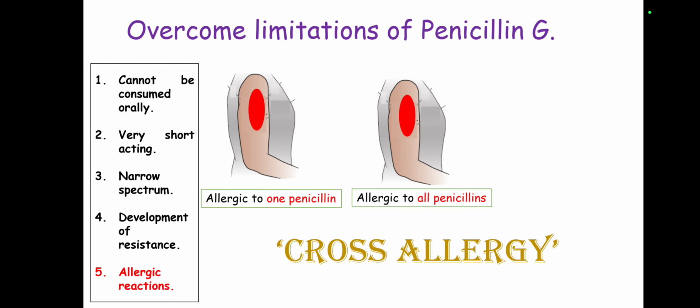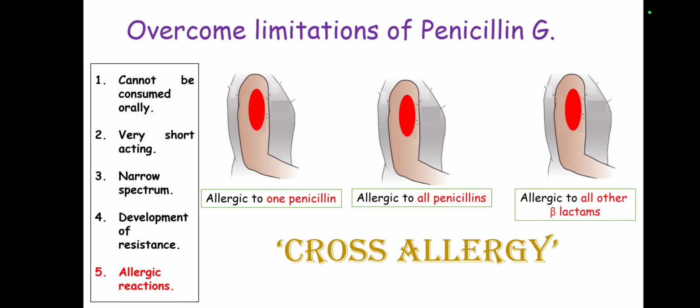So due to cross allergy, if a person is allergic to one penicillin, all other penicillins are contraindicated. Now not only penicillins, there is a significant cross allergy between different beta lactam antibiotics also. That means if a person is allergic to penicillins, we cannot give penicillin obviously, but we cannot give any other beta lactams like cephalosporins and carbapenems also.